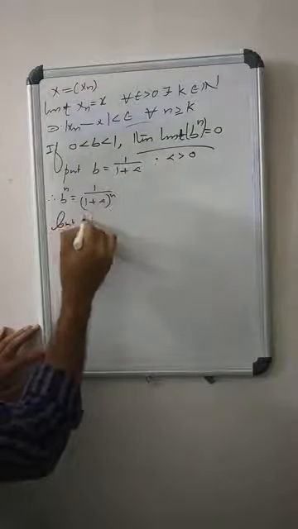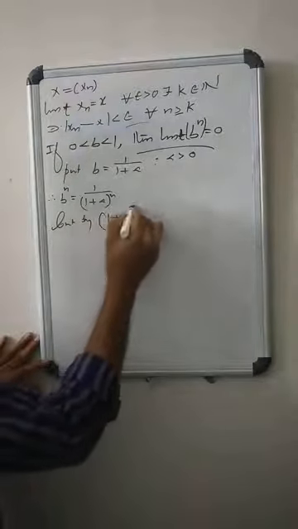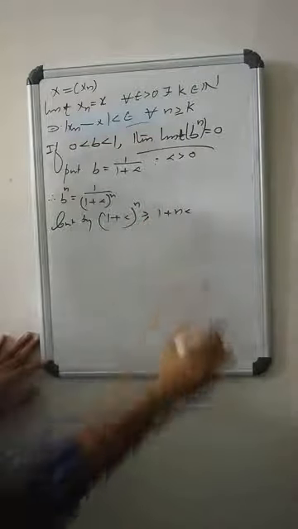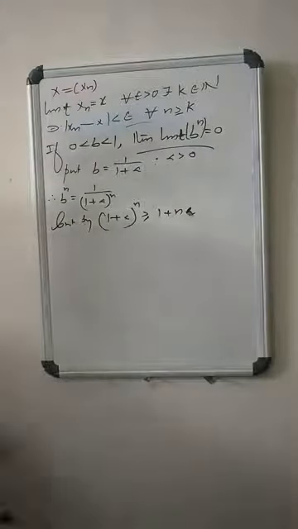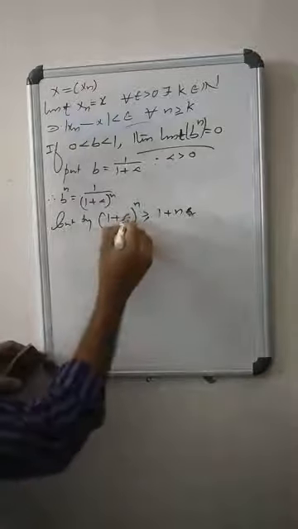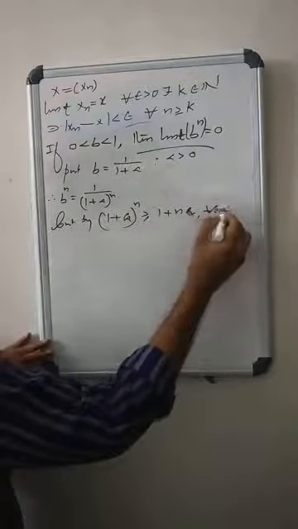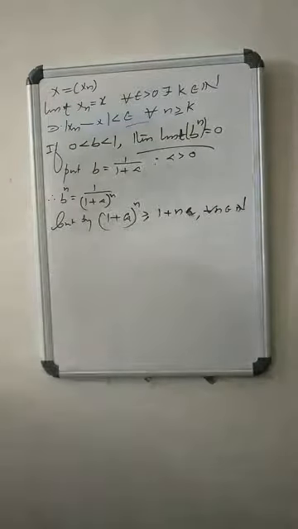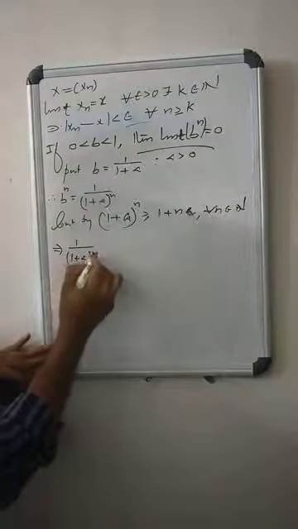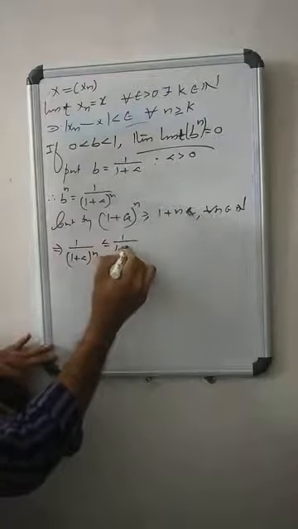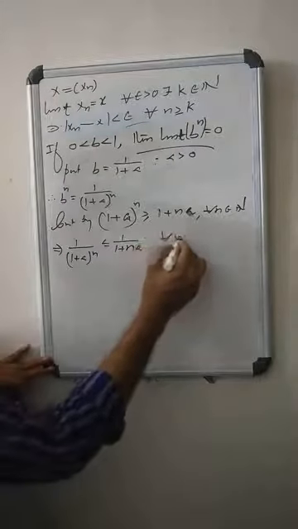But by Bernoulli's inequality, 1 plus a all power n is greater than or equal to 1 plus n for all n in N. This is by Bernoulli inequality. So that means 1 by 1 plus a all power n is less than or equal to 1 by 1 plus n, for all n in N.